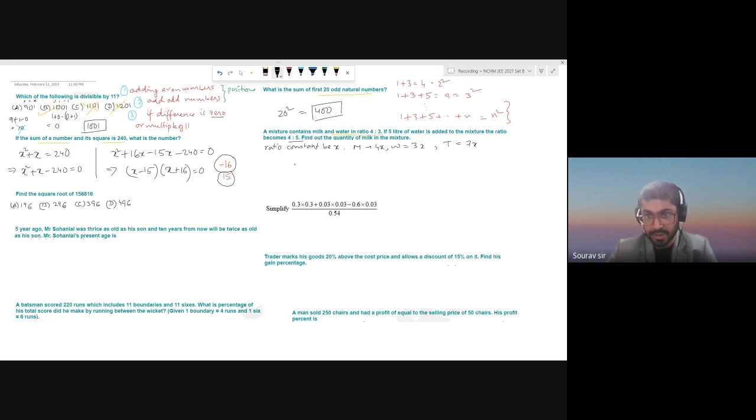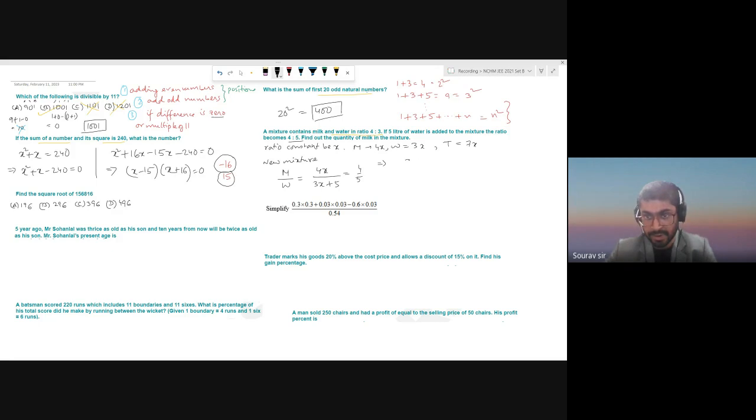The new ratio is 4:5. So in the new mixture, what is the amount of milk by water? Milk is the same, right? So milk is still 4x, but 5 liters of water got added. So water will be 3x plus 5, and this is equal to 4/5. Solve the equation.